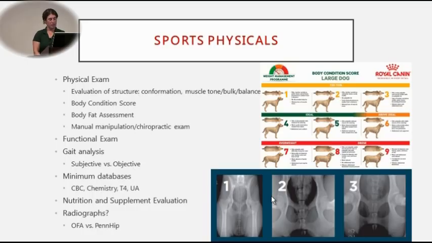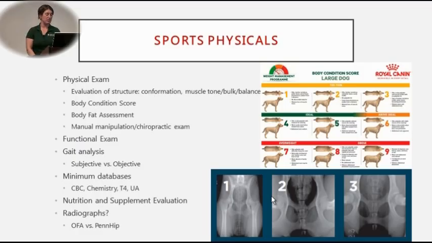We do want to do minimum databases on our canine athletes too, checking CBC. Is there a mild anemia? Is there thrombocytopenia? Wow, yeah, I'm definitely a sports medicine vet now. Chemistries, checking for elevated liver enzymes, kidney disease, things like that.